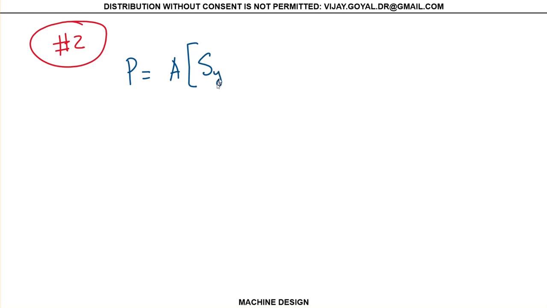Okay, so now I go to number two. And the J.B. Johnson equation says P is equal to A times sigma yield minus 1 divided by Young's modulus, sigma yield, so the actual slenderness ratio, 2 times pi, all of this squared.